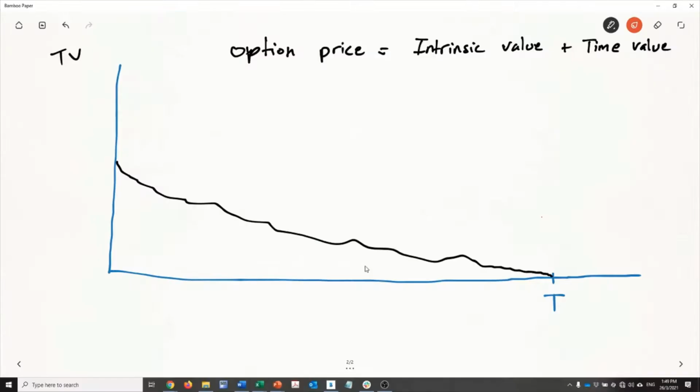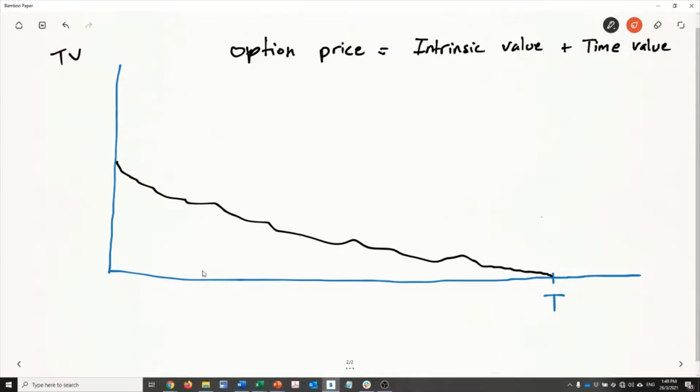And what do you notice? We learned in chapter 10 that there is a decrease in the time value as the time passes. When the option is initiated, initially the time value is high. As we approach the time to expiration, the time value component will decrease until we reach the expiration date, when the time value will equal 0.